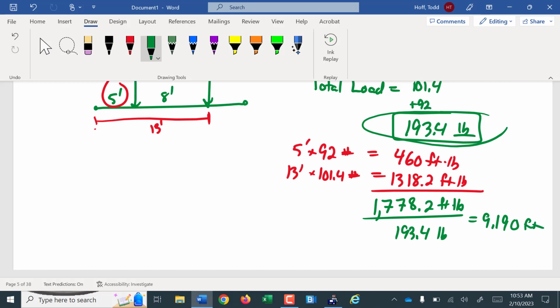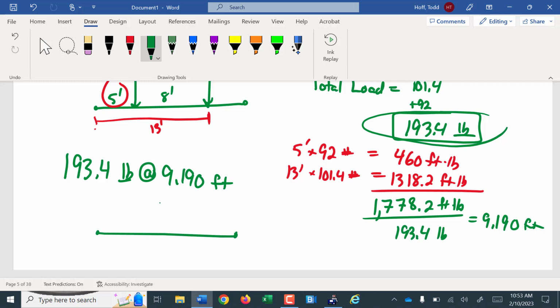So the center of mass here, the centroid we call it, is 193.4 pounds at 9.190 feet. And again, that is from the left end. So this is equivalent to saying we have a 193.4 pound weight, 9.190 feet from the left end of that structure.